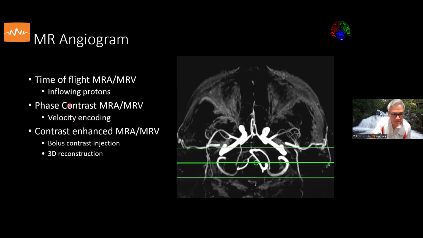These two, time of flight and PC, do not use contrast injections and therefore can be successfully acquired in pregnant women and patients with contrast allergy or kidney failure. However, there are some artifacts and some pitfalls, false positives and false negatives in the interpretation of time of flight and phase contrast. To overcome some of those difficulties and ambiguity, sometimes we can resort to contrast-enhanced MRA or MRV.